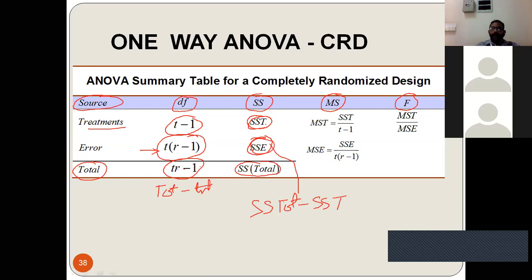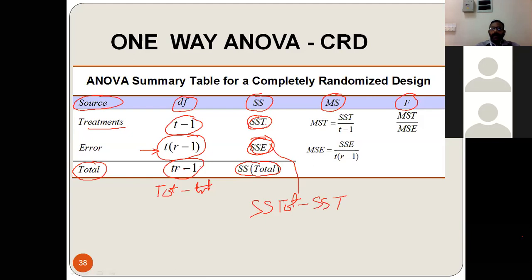Anyone having questions? You can write on chat if you have any questions. Right. How do we calculate the mean square? Mean square of treatment, MST, is the sums of square of treatment divided by the respective degrees of freedom. So sums of square divided by degrees of freedom is the mean square.